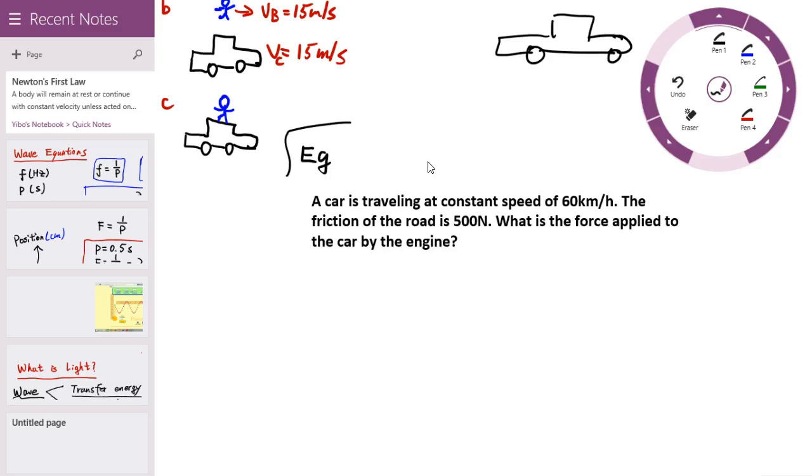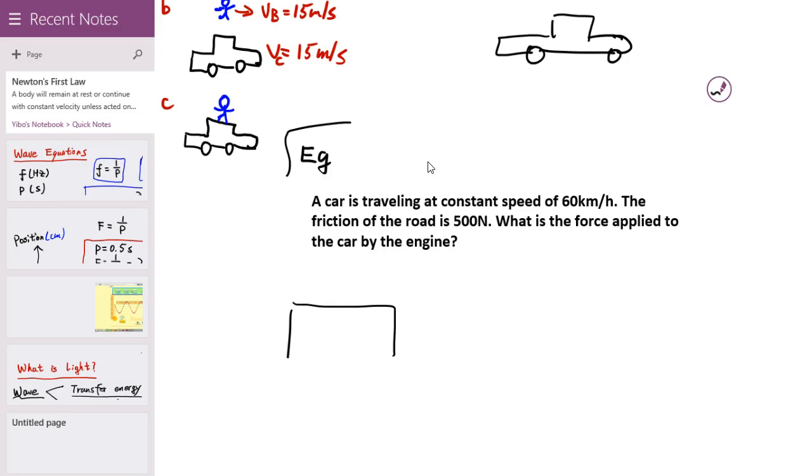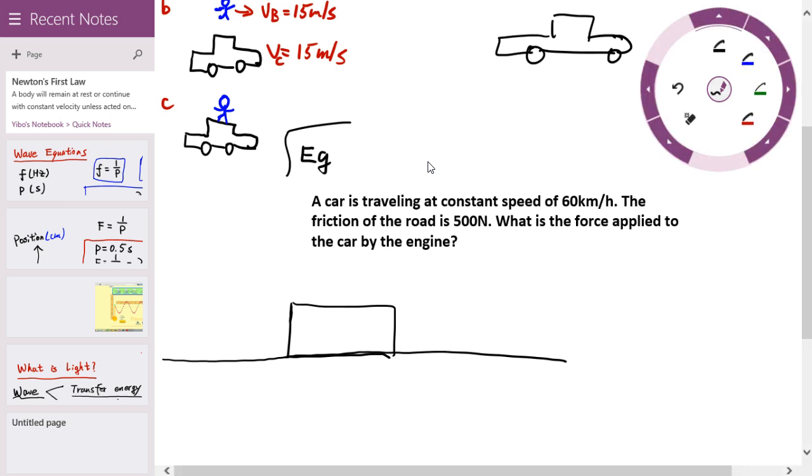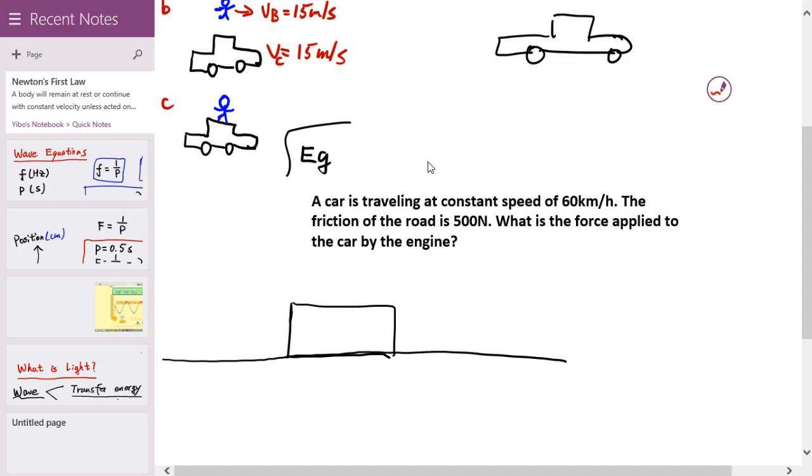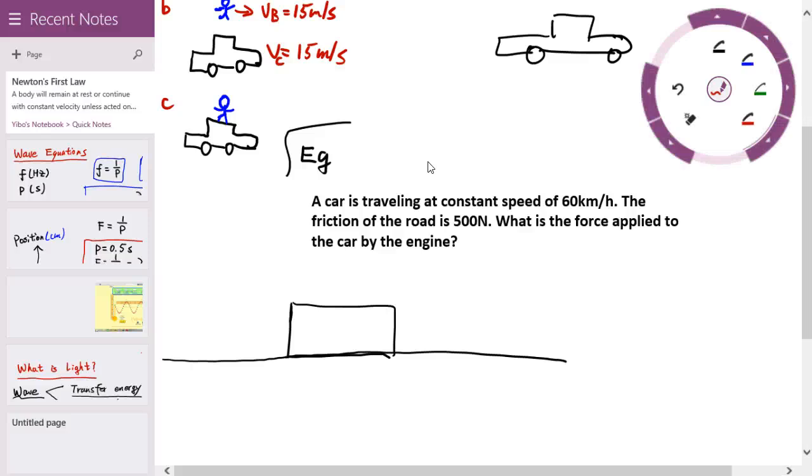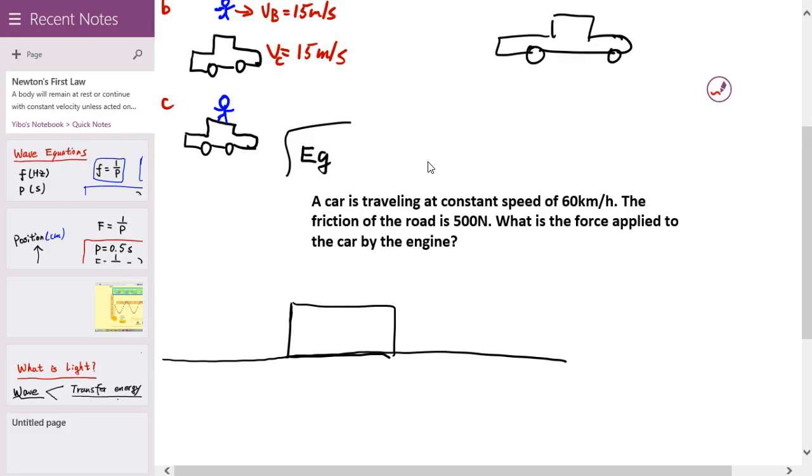Let me draw a diagram. I have a car traveling on a road. Now let me draw the forces. So we have a friction force.